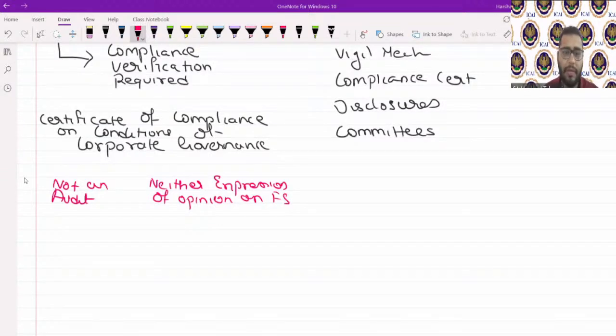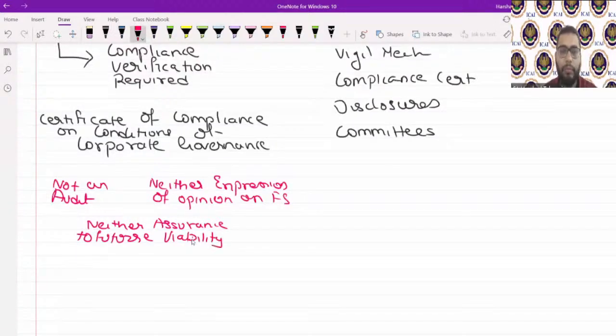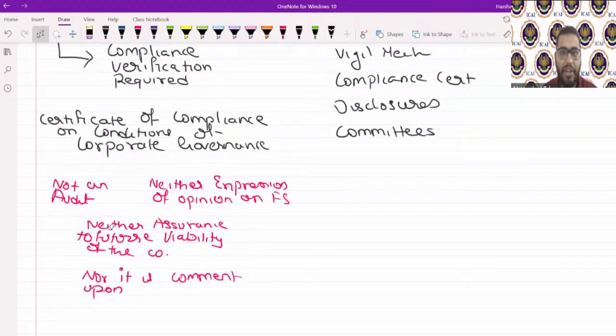This certificate is neither assurance to the future viability of the company, nor is it commenting upon the efficiency and effectiveness of management.